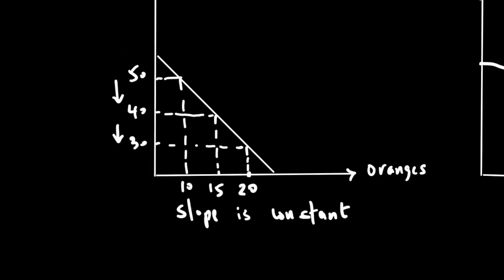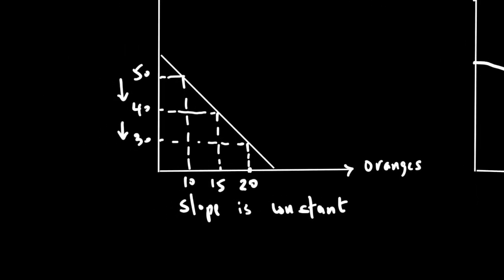So look at this. When I look at this graph, let's say I go from A to B, minus 10 is here and then plus 5 is here. So the slope would be change in y over change in x, or minus 10 over plus 5, which means the slope is minus 2. So the opportunity cost is 2, which means every time I get one orange, I lose 2 apples.